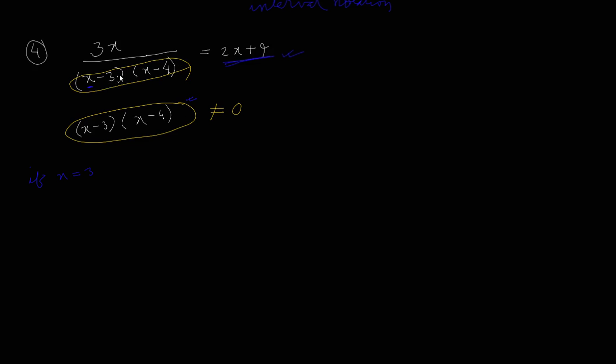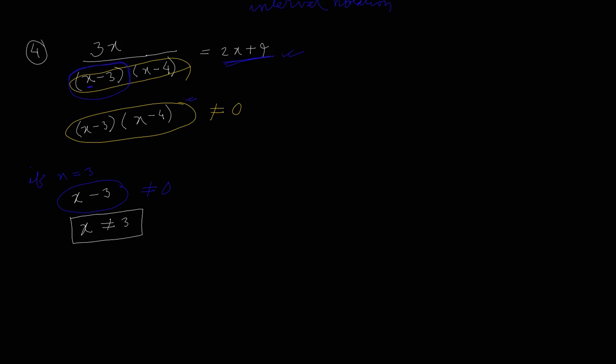Now how do I find x equal to 3? I take only one portion. This portion cannot be equal to 0, and inside this portion is x minus 3. So x cannot be equal to 3. That is at least one part of the domain.